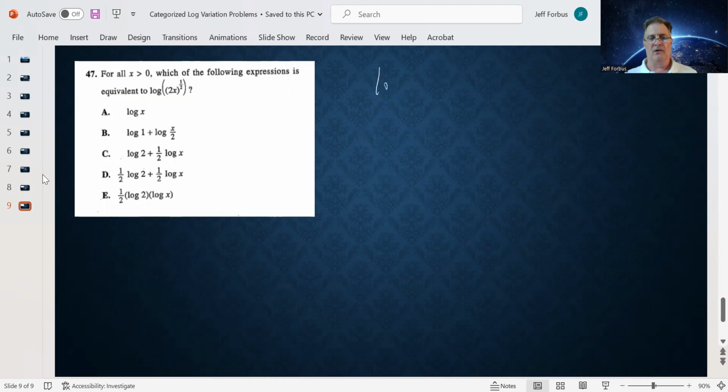We have log of 2 to the x raised to the 1/2 power. So we got a power. We're going to pull the power out of there. We're going to say 1/2 log of 2 to the x. All right, so that's 2 times x. So we got the multiplication rule to go by here.